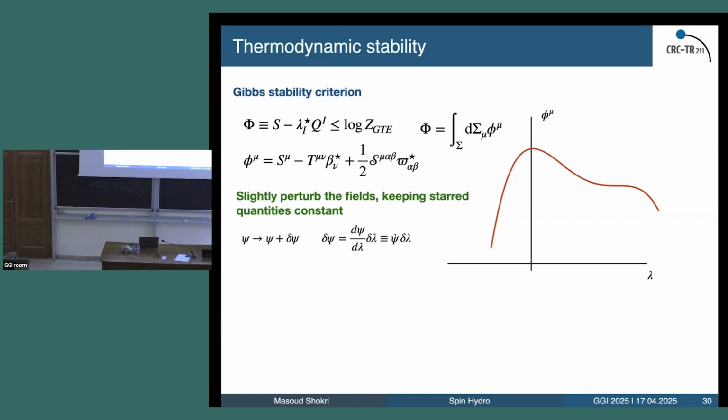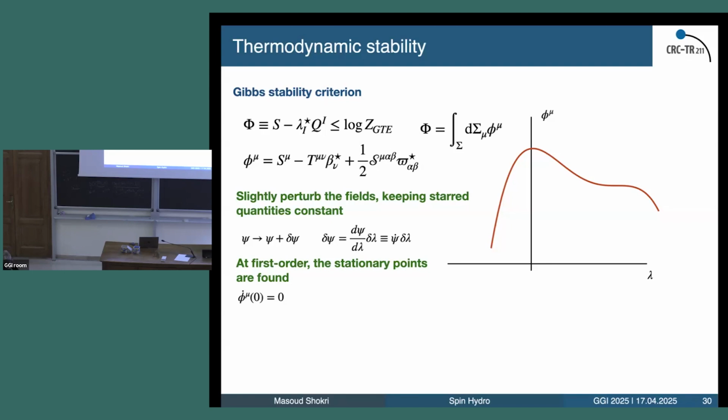In this way, you can define some parameter lambda, which gives you the state of the fluid. So lambda 0, arbitrarily we assume, is the equilibrium state, and you can write the perturbations as a formal derivative with respect to lambda. Then at first order, if you solve this equation, you will find the stationary point conditions, which basically say that beta star is equal to beta, and this should be equal to the spin potential, and so on.